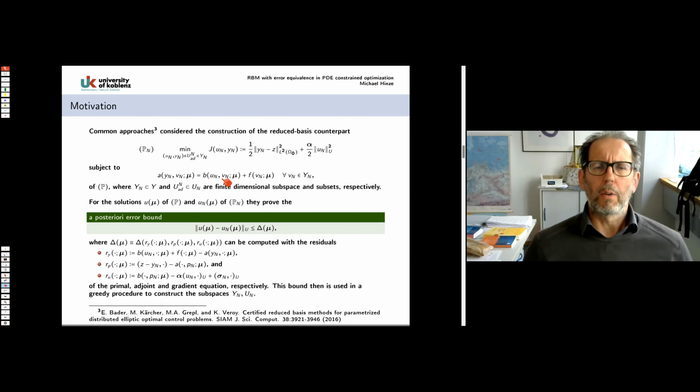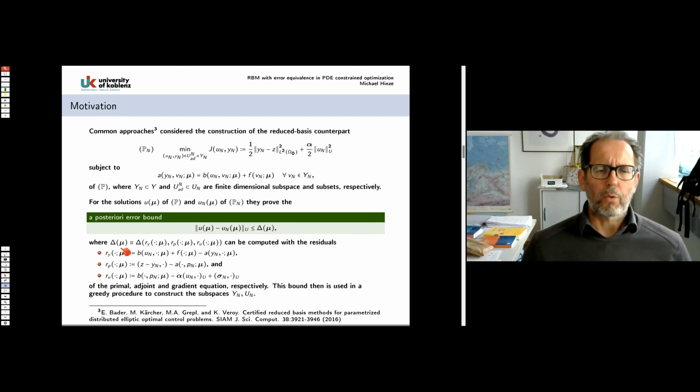One minimizes with respect to Un and Yn, where Yn is in a discrete state space and Un in a discretized admissible control set. Then one can do everything that is known about optimal control, write down optimality conditions, provide error estimates, and also a posteriori error bounds of the form: the norm of U of mu minus Un of mu is smaller or equal than an estimator delta of mu.